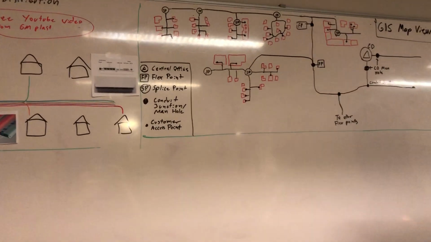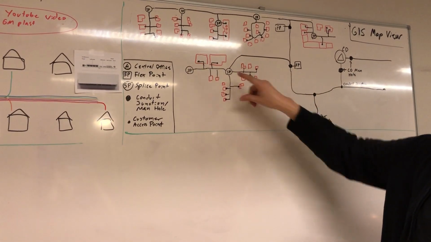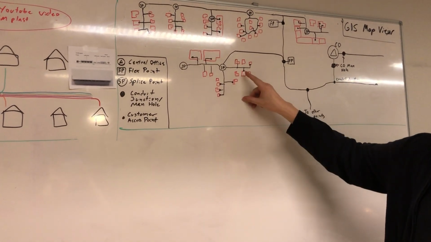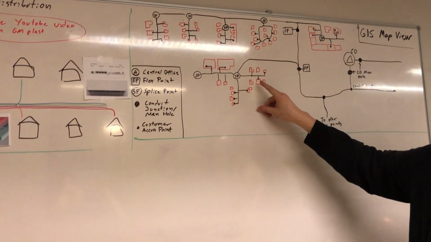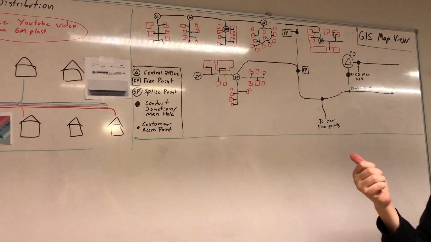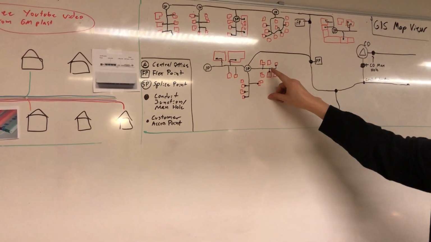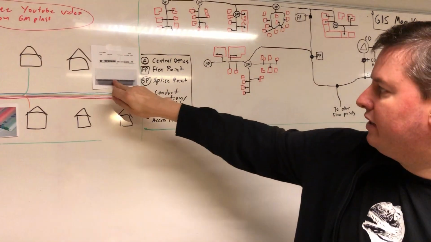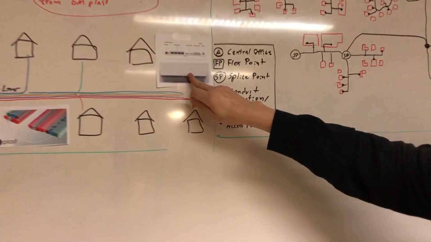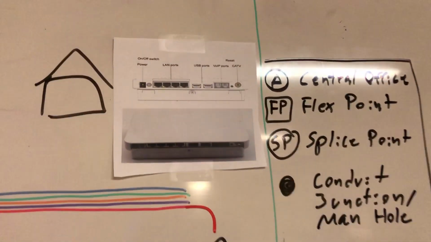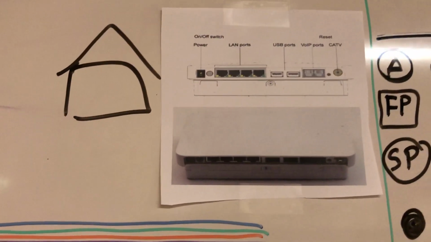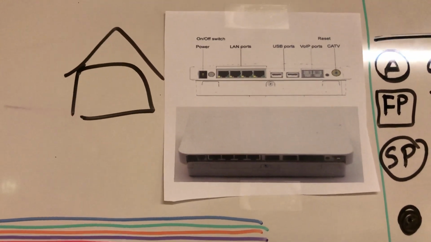The second process is that some guy has to go to the splice point and blow the cable into the customer, right? And the third thing to be done is that he has to splice the cable at the customer equipment. The customer equipment, that's this one, the ONT or the CPE. And he's going to connect it to the splice closure in the splice point.